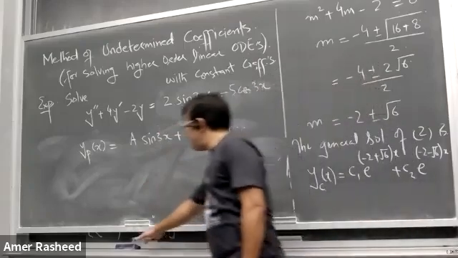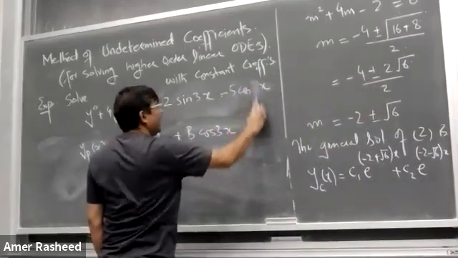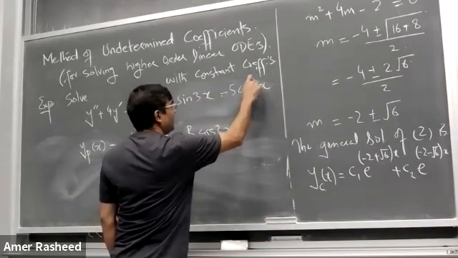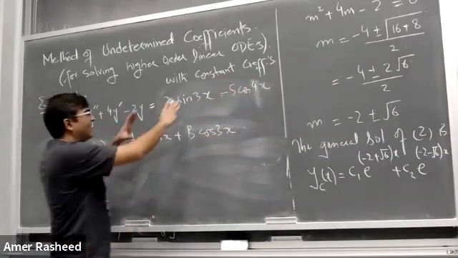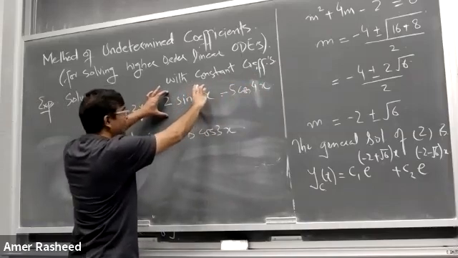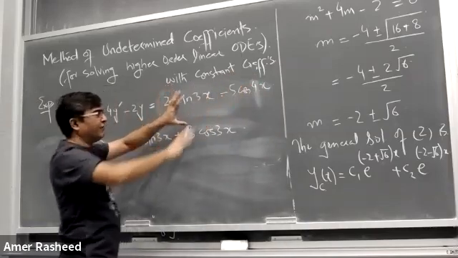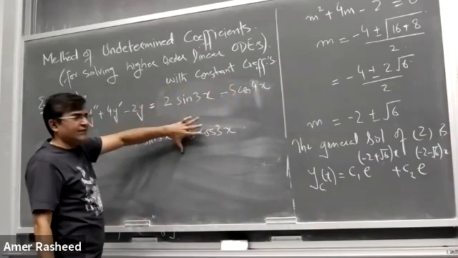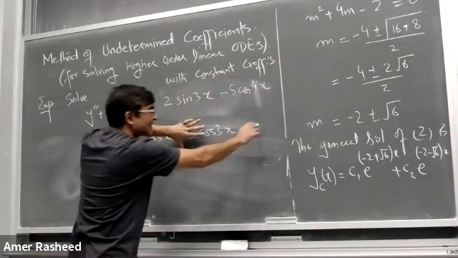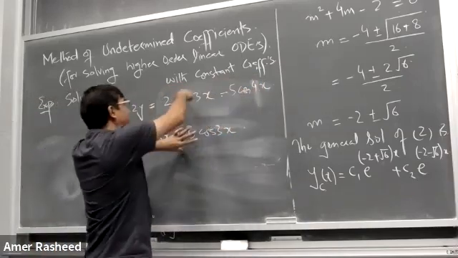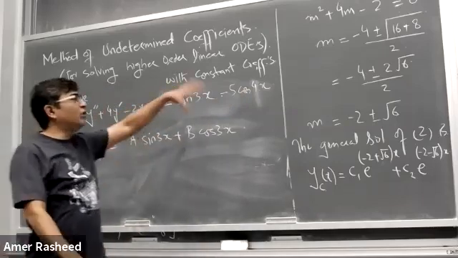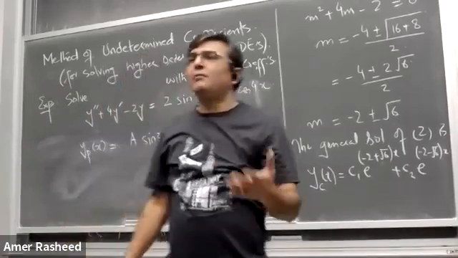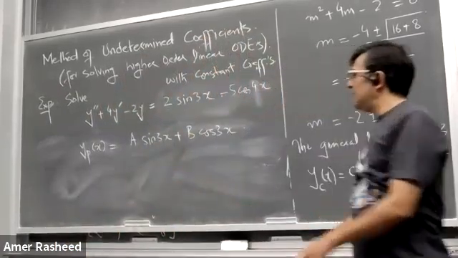But if we have something different here, maybe sine 4x, then we assume two different solutions, one for each term, because the terms are entirely different, and then we use the principle of superposition by adding the two solutions.